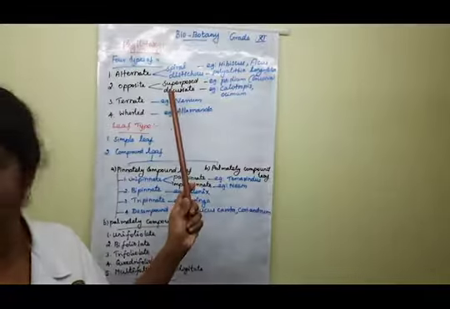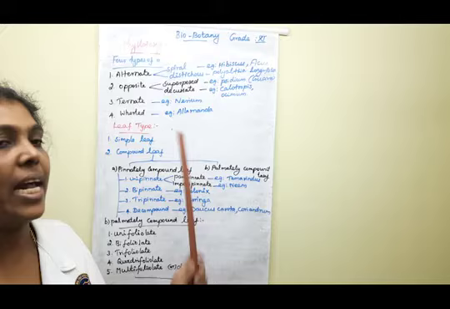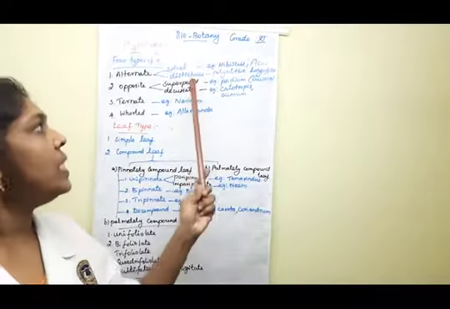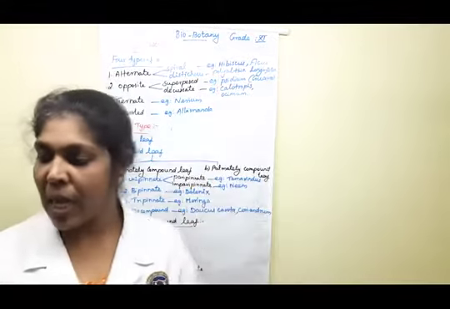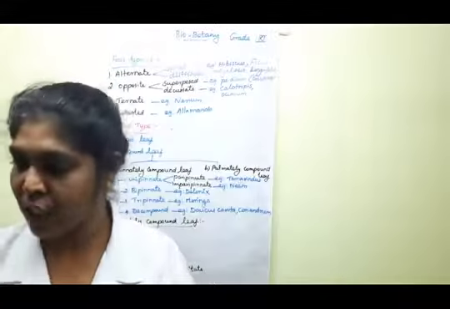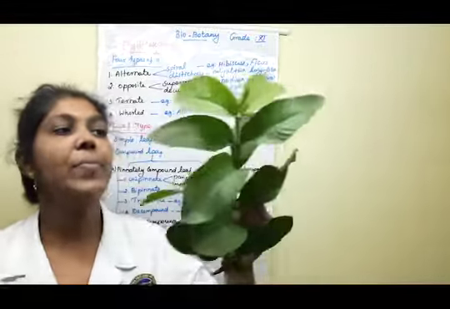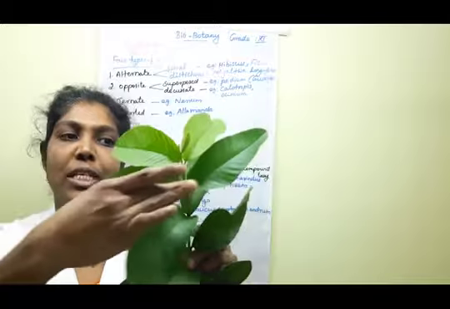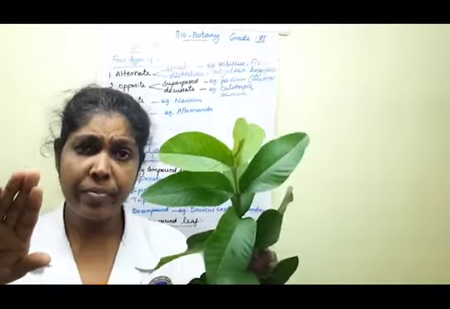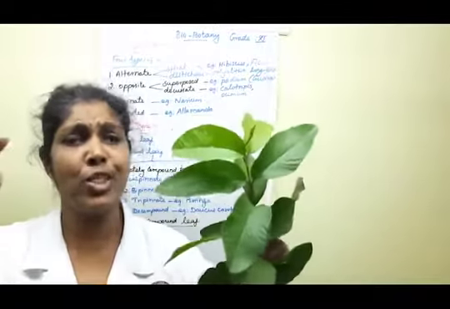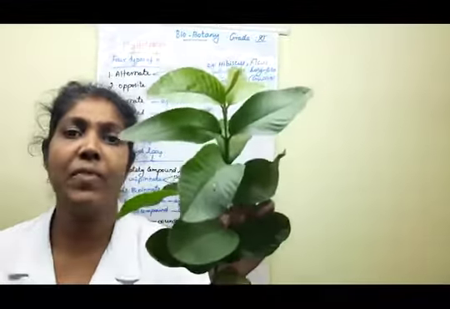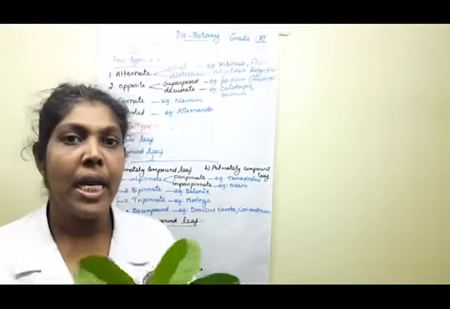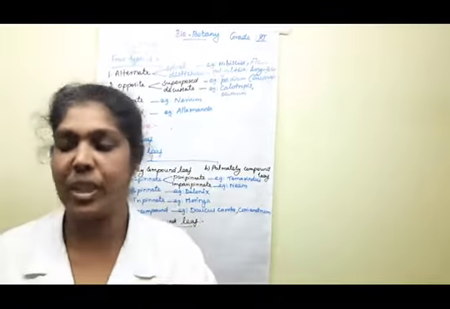The first one, superposed, means each nodal region bears two leaves going in an opposite manner. That's the ordinary one. Examples are Psidium, the guava species. Clear?